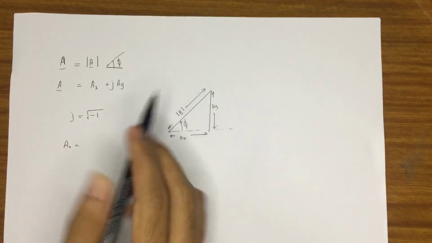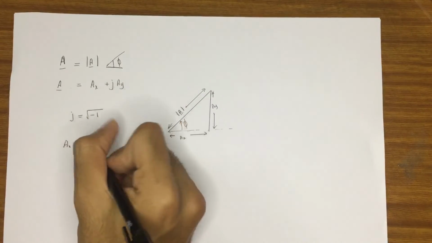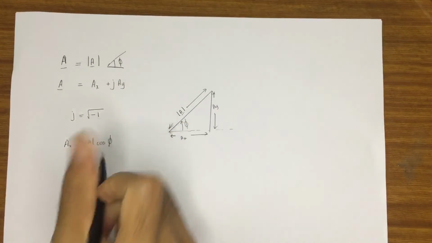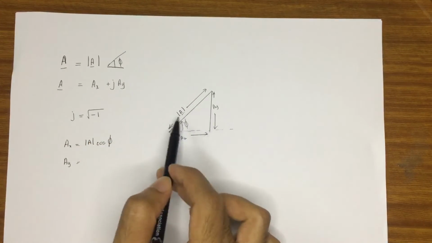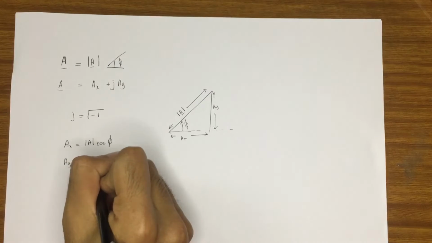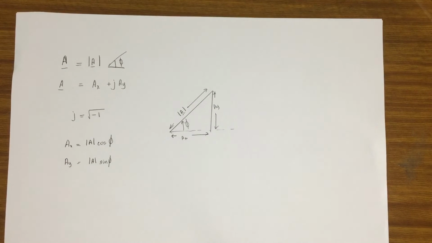If you consider this, the value AX would be the mod of A, the RMS value, into cos phi. Likewise, you can tell that AY is going to be mod of A sin phi. So this is a similar equation.